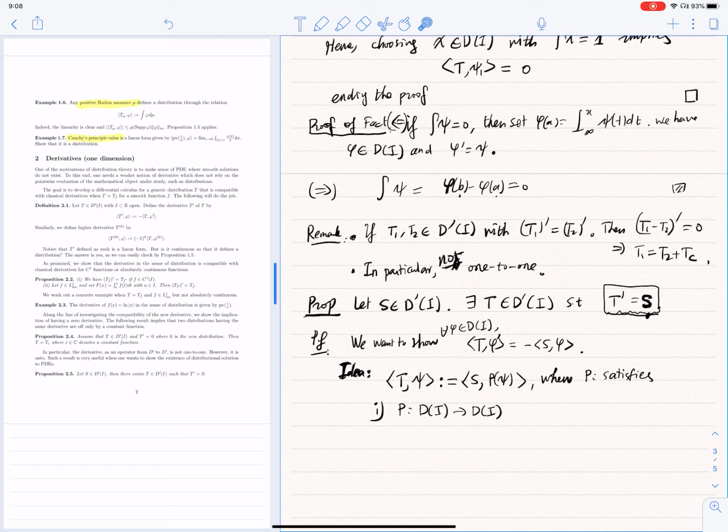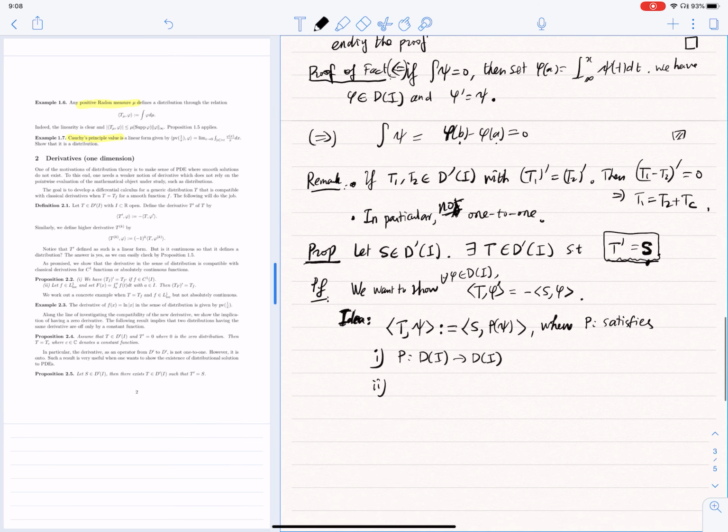This is the minimal requirement. The second one is that we would like P to be linear. If P is linear, then since S applied to P of psi is linear, we have a linear form in terms of psi.